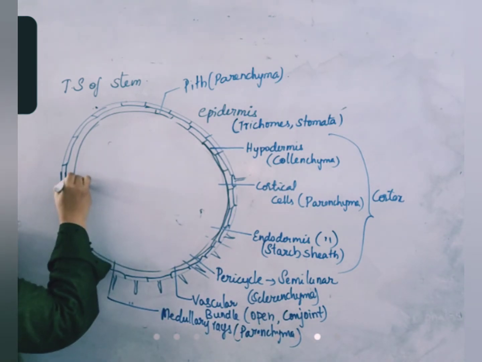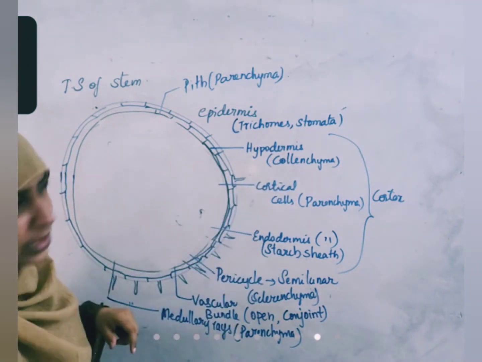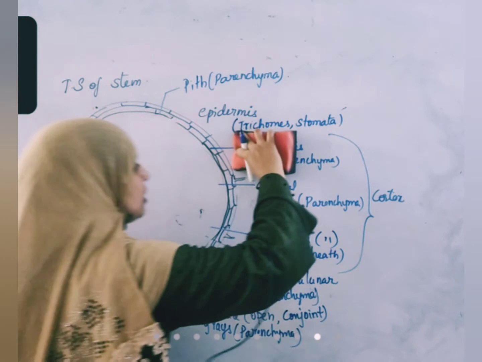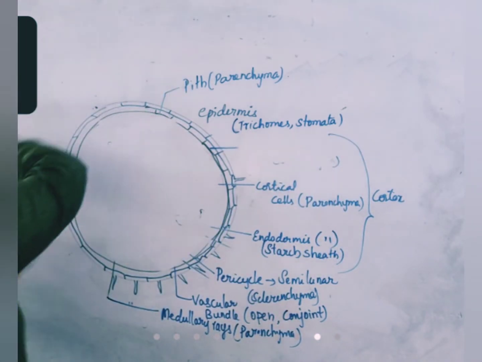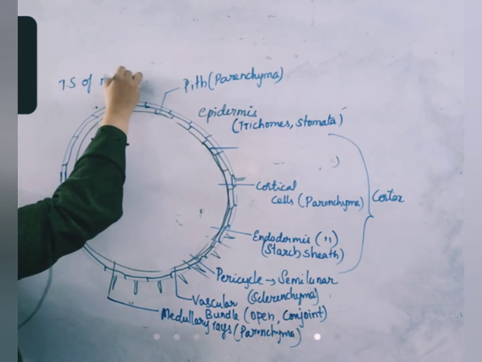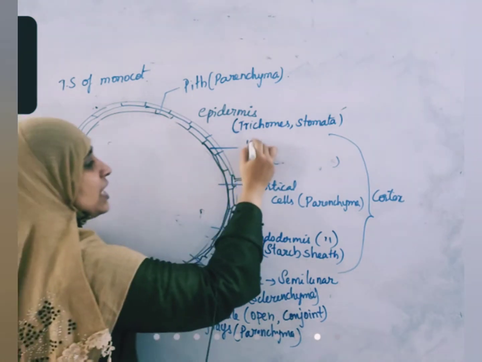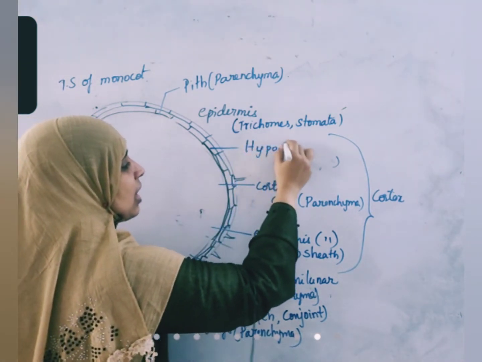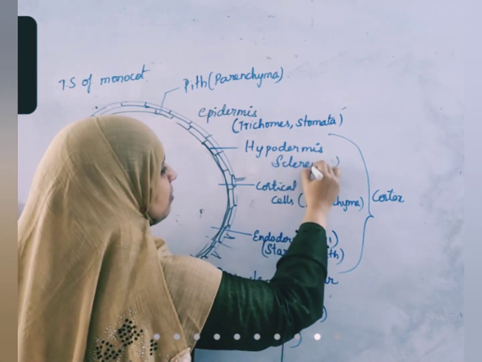Epidermis is same. Hypodermis, here I wrote collenchyma. But in case of this monocot stem, this is TS of monocot stem now, hypodermis is made of sclerenchyma cells.